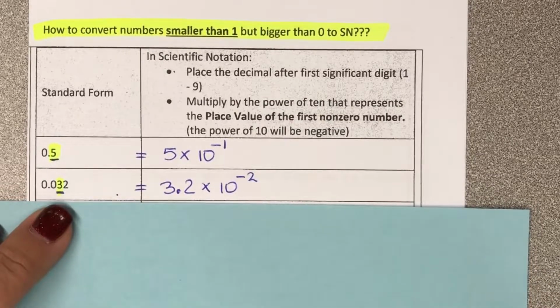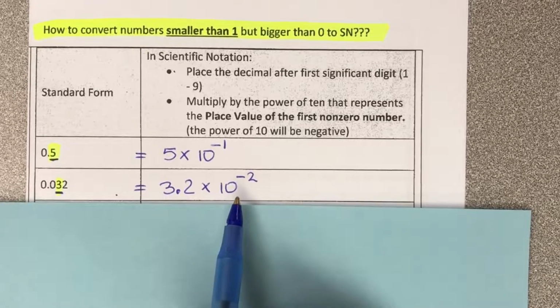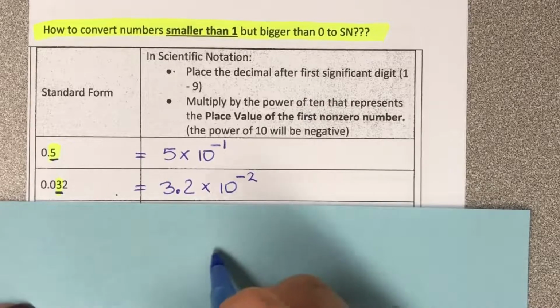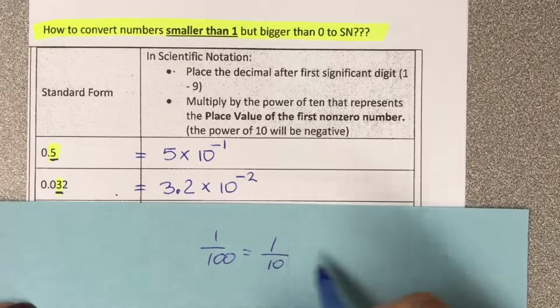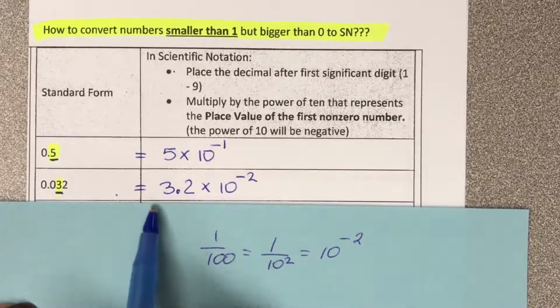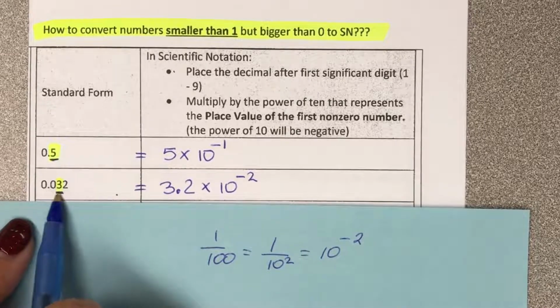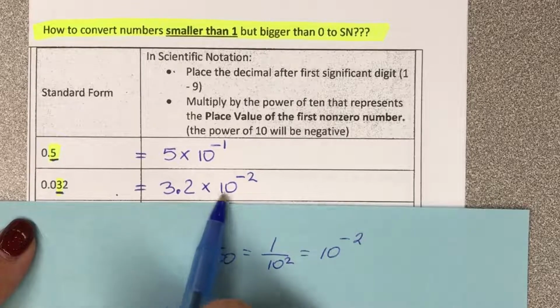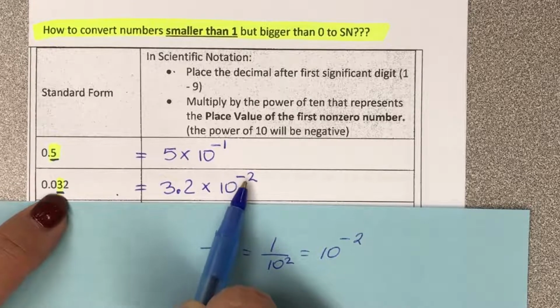Hundreds is division by 100. Division by 100 from our review is 1 divided by 10 to the second power, which is 10 to the negative 2. So 3 being in the hundreds place, it is the second digit behind the decimal times 10 to the negative 2. So 2 digits behind the decimal, negative 2.